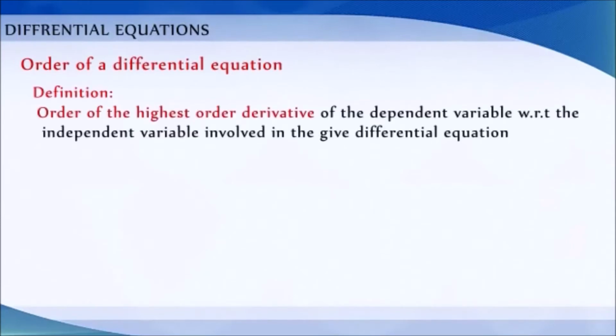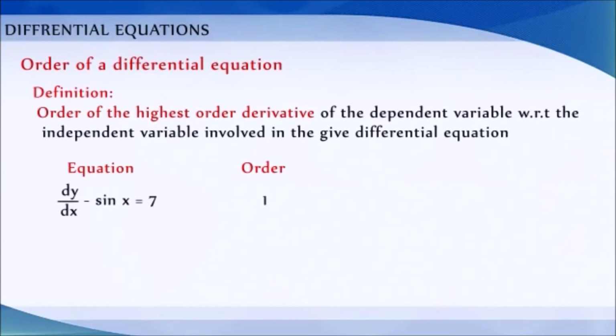Order of a differential equation. The order of a differential equation is defined as the order of the highest order derivative of the dependent variable with respect to the independent variable involved in the given differential equation. The order of the differential equation dy by dx minus sin x is equal to 7 is 1.